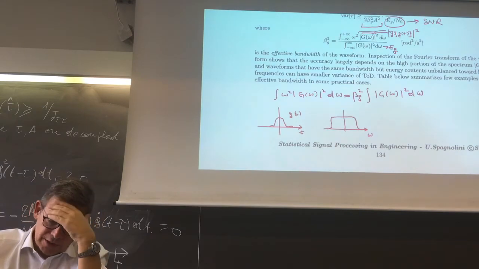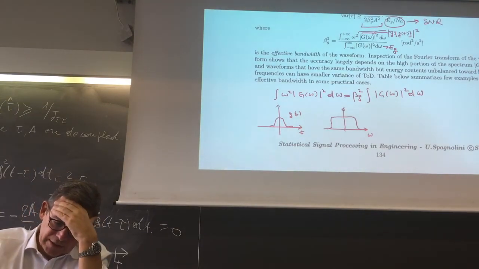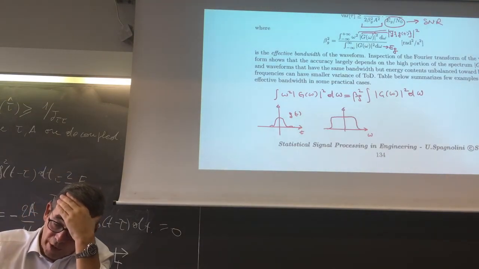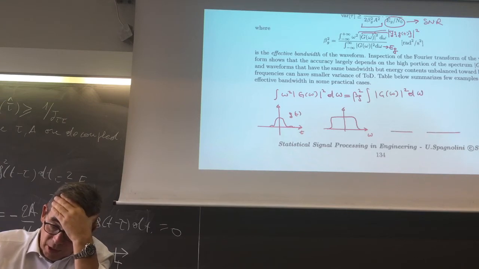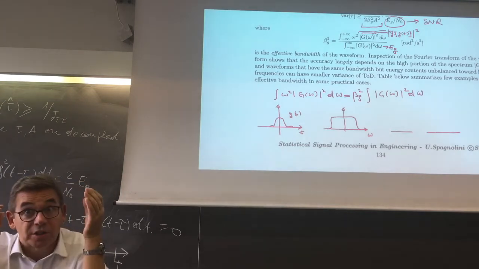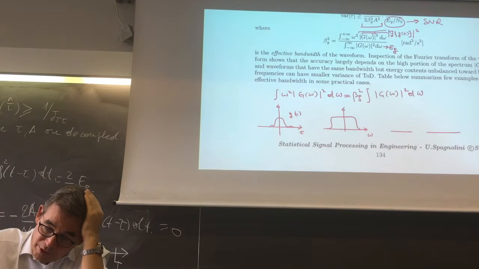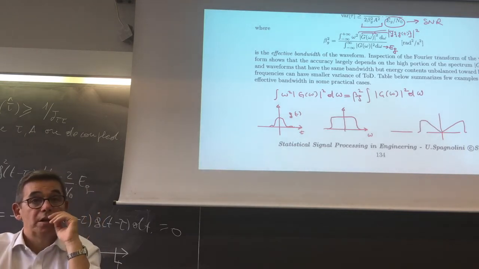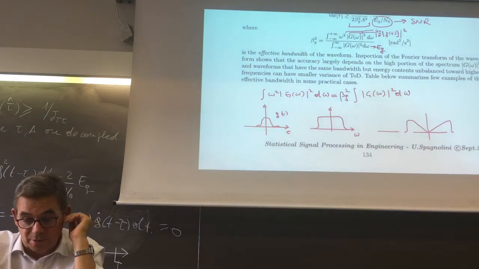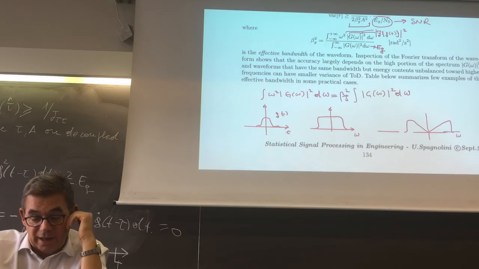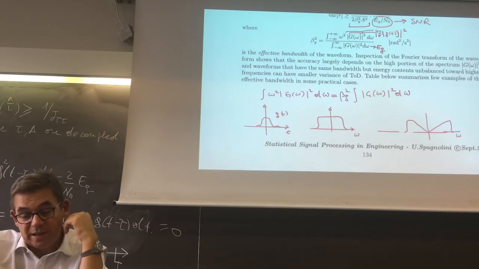So if I consider this waveform and this Fourier transform, or I consider another one, for the same energy but where the spectrum is distributed like that, in the second case I have a dominance of high frequency.